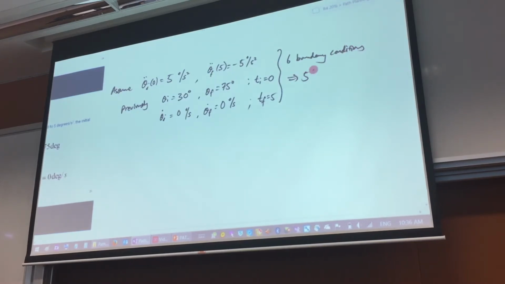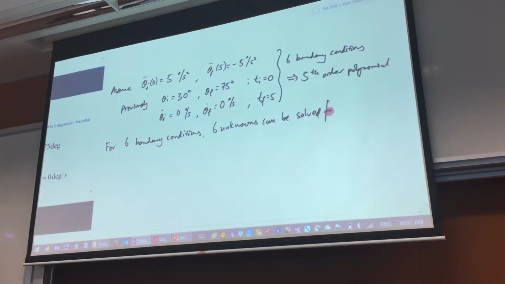So we're going to deal with a fifth order polynomial. Let's have a look. Fifth order polynomial, I'll have 6 boundary conditions, so 6 unknowns can be solved for theta t.